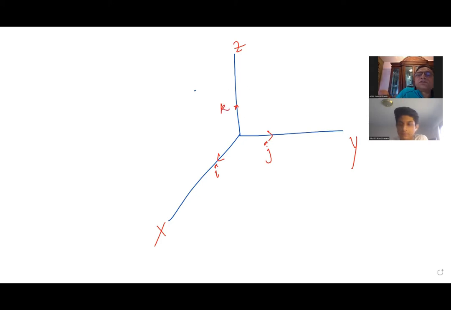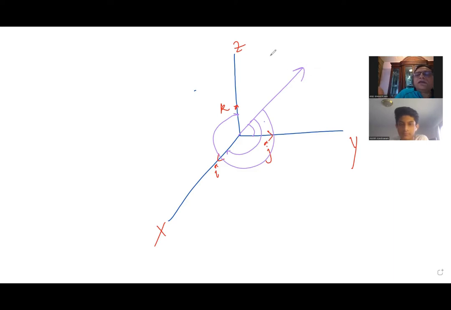Any vector drawn anywhere in space will form some angle with these axes. You can measure the angle clockwise or counterclockwise. Remember, counterclockwise is treated as positive. Now, let's derive a formula to find the angle.